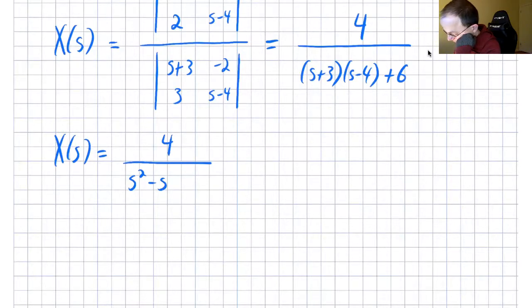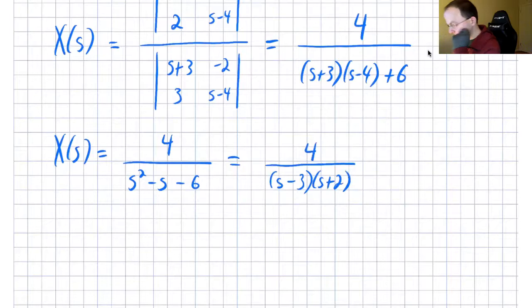So minus 12 plus 6 is minus 6. And then we can factor that as s minus 3, s plus 2. And that actually gives us our eigenvalues of the matrix. So the eigenvalues are going to be 3 and minus 2.